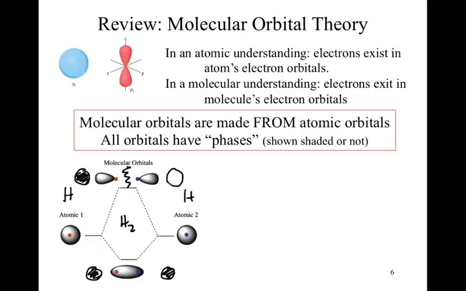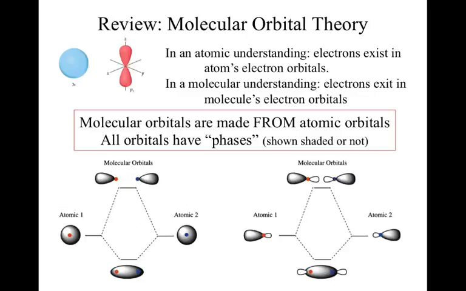Just like with s orbitals, we can move this up to hybrid orbitals or even p orbitals, and we'd end up doing the exact same process. We look at the possible ways those two atomic orbitals can overlap. Do they overlap where they have a lot of electron density in between or no electron density in between? Okay, try to treat it as simply as you can.